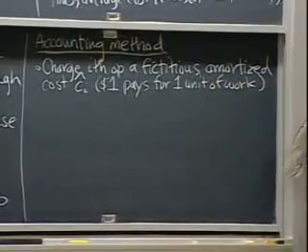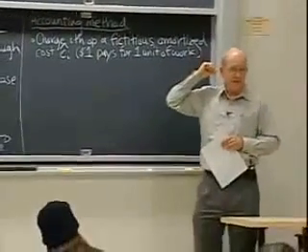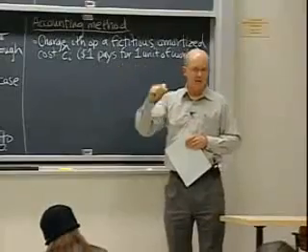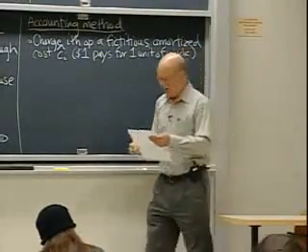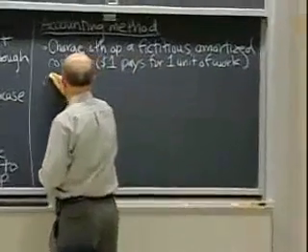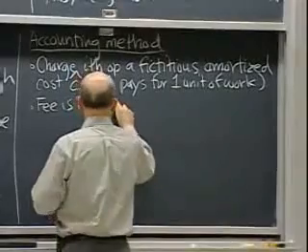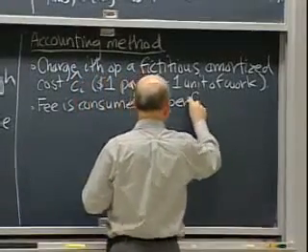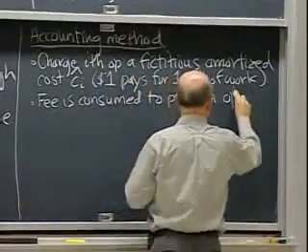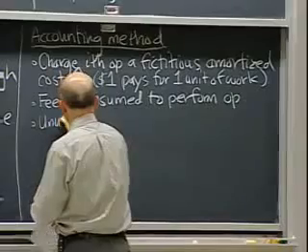Okay, so the idea is you charge a cost. You say this operation will cost you $5 or whatever. Okay? And that fee is consumed to perform the operation. But there may be some unused part.